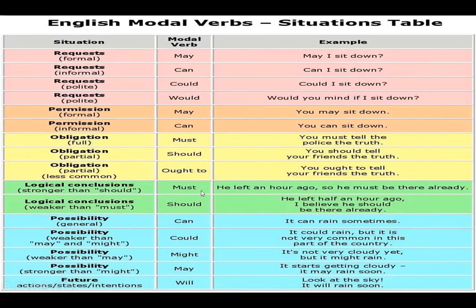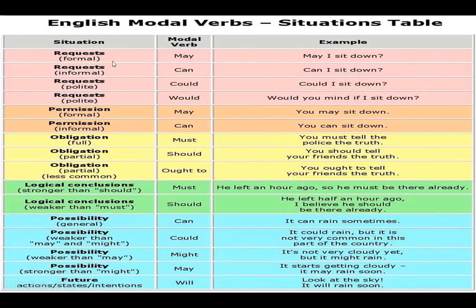Logical conclusions: must as well. Logical conclusion weaker than must: should. So two different usages. Possibility: can, possibility weaker than may or might; could, possibility weaker than may, might; possibility stronger than might, may; future actions, states, or intentions with will.